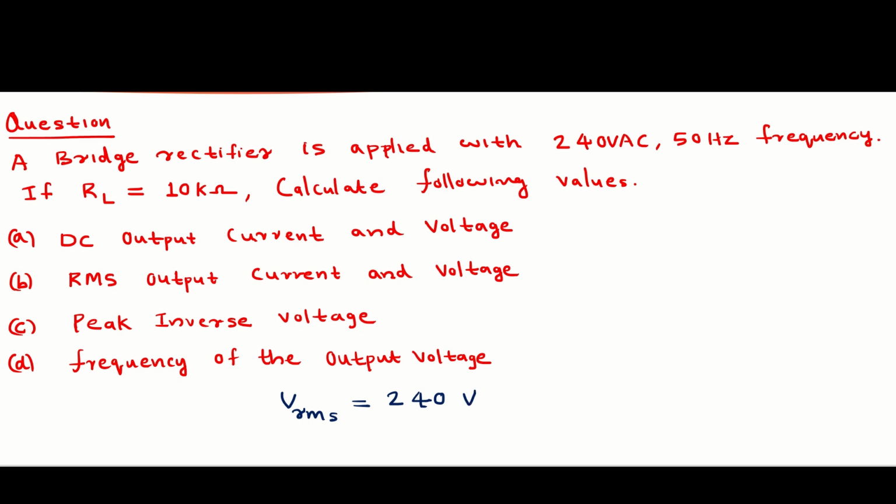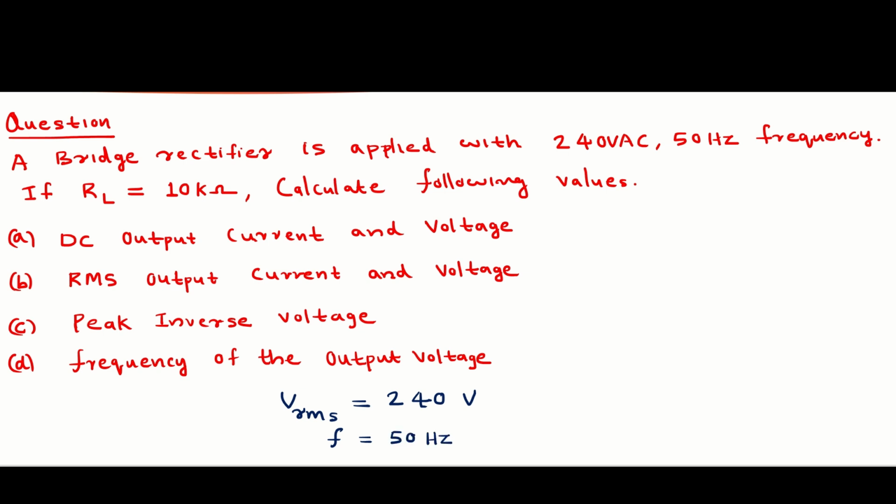Remember that AC quantities, whether AC voltage or current, are expressed in terms of their RMS value, root mean square value. So a bridge rectifier applied with a 240 volt AC means the 240 volt is an RMS value. So VRMS, the applied input voltage, has an RMS value of 240 volt and the frequency of the supply is 50 Hz.